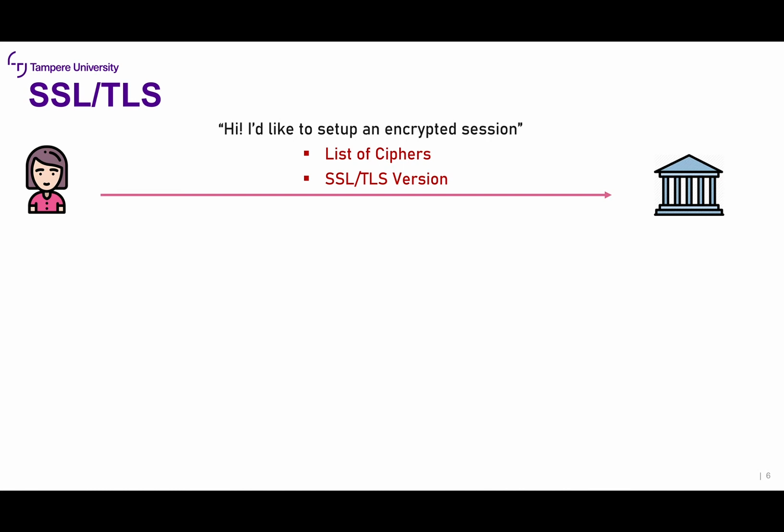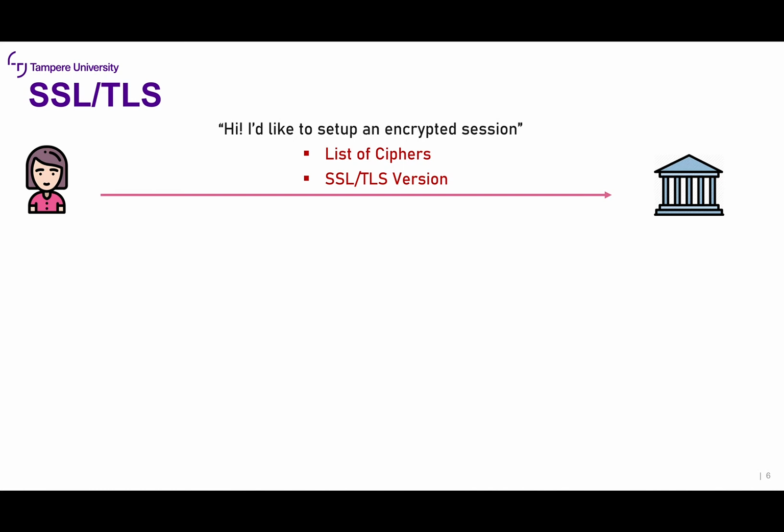Now, upon reception, Trent basically will check the list of ciphers and SSL TLS version and all of this that was sent by Alice. He will find the latest common versions of all these ciphers and protocols that both parties can support.